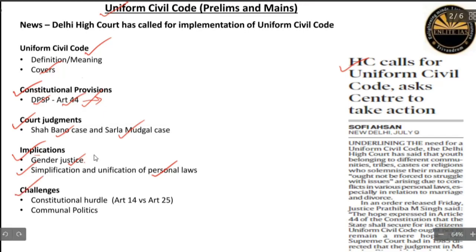However, there are various challenges in the implementation of Uniform Civil Code. The constitutional hurdle in implementation of Uniform Civil Code lies in the conflict between Article 14 and Article 25. Article 14 aligns with Uniform Civil Code because it says that every citizen should be treated equally.